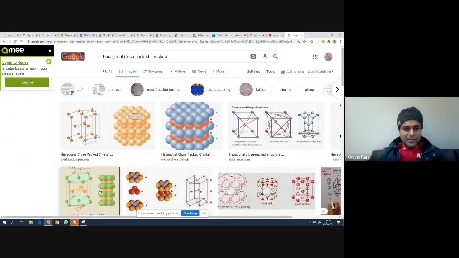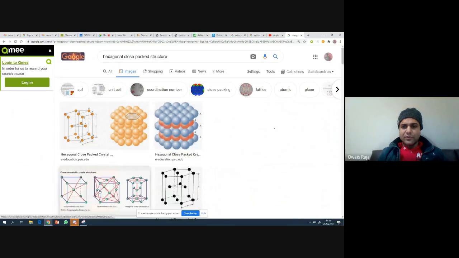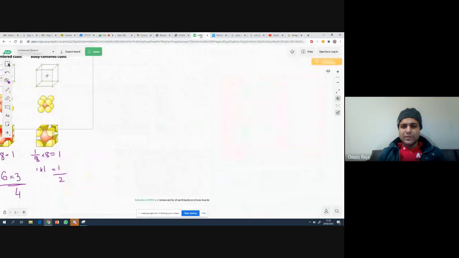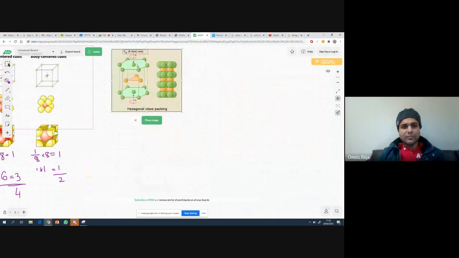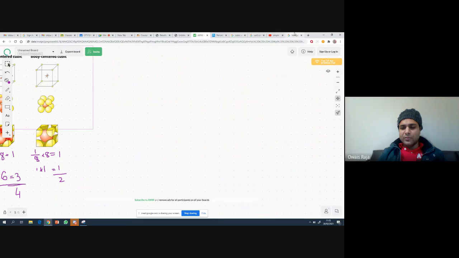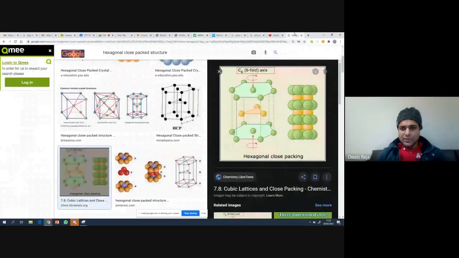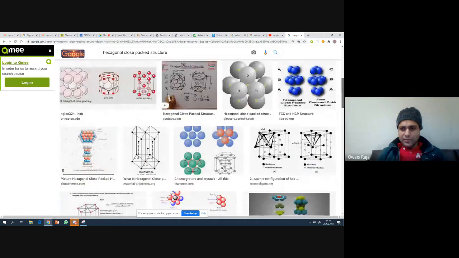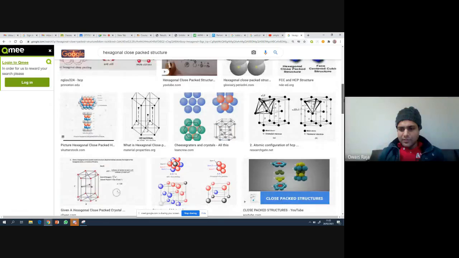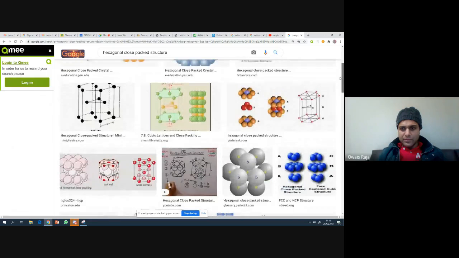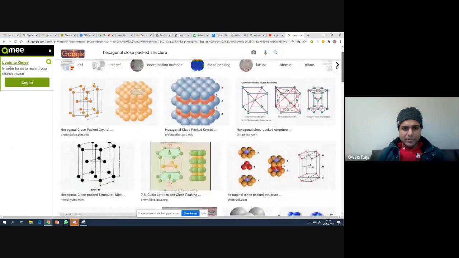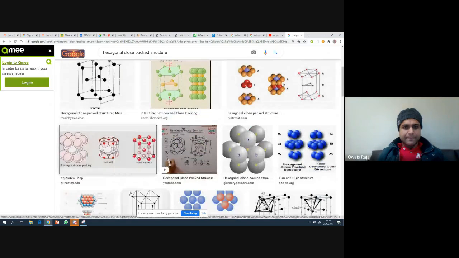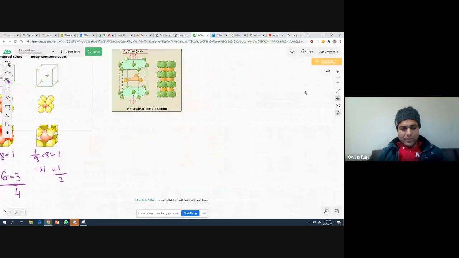Let me just get a few pictures, copy image, and put that one there. And I need one other image.